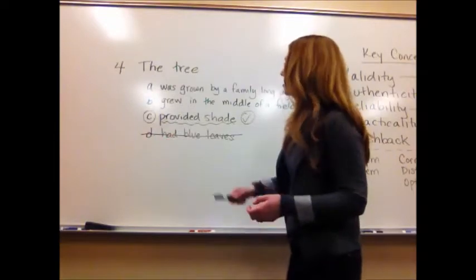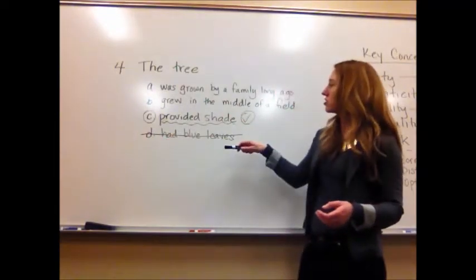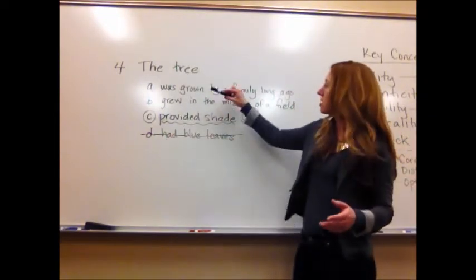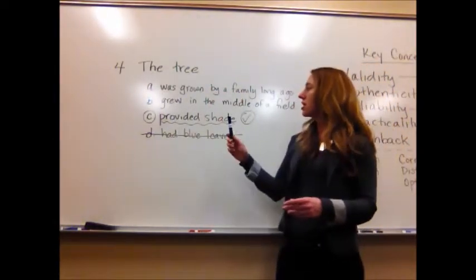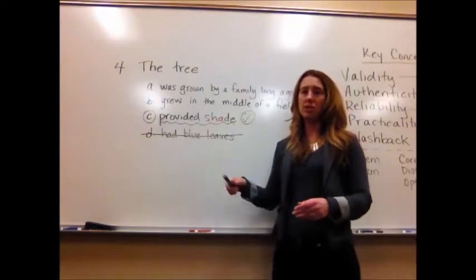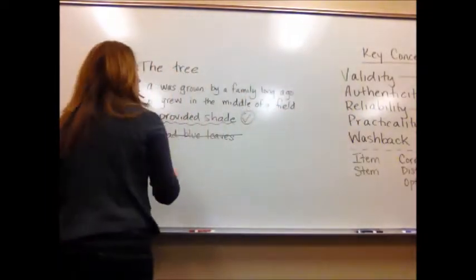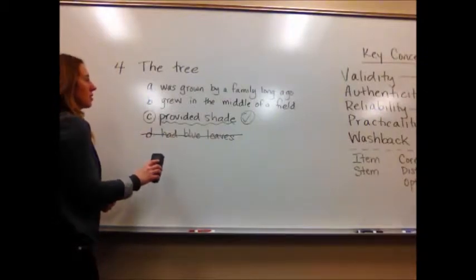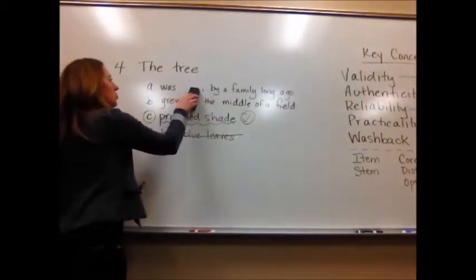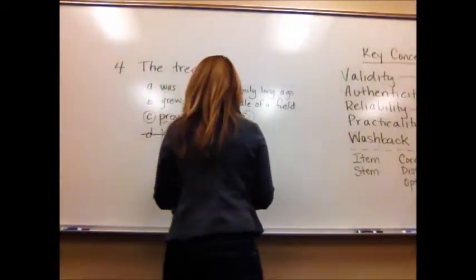Okay, all right. So a couple more things I want to mention about parallelism. I mentioned that the length needs to be parallel, but also the difficulty needs to be parallel as well. So let's see, let me change one. Let me throw in a difficult word, grown.